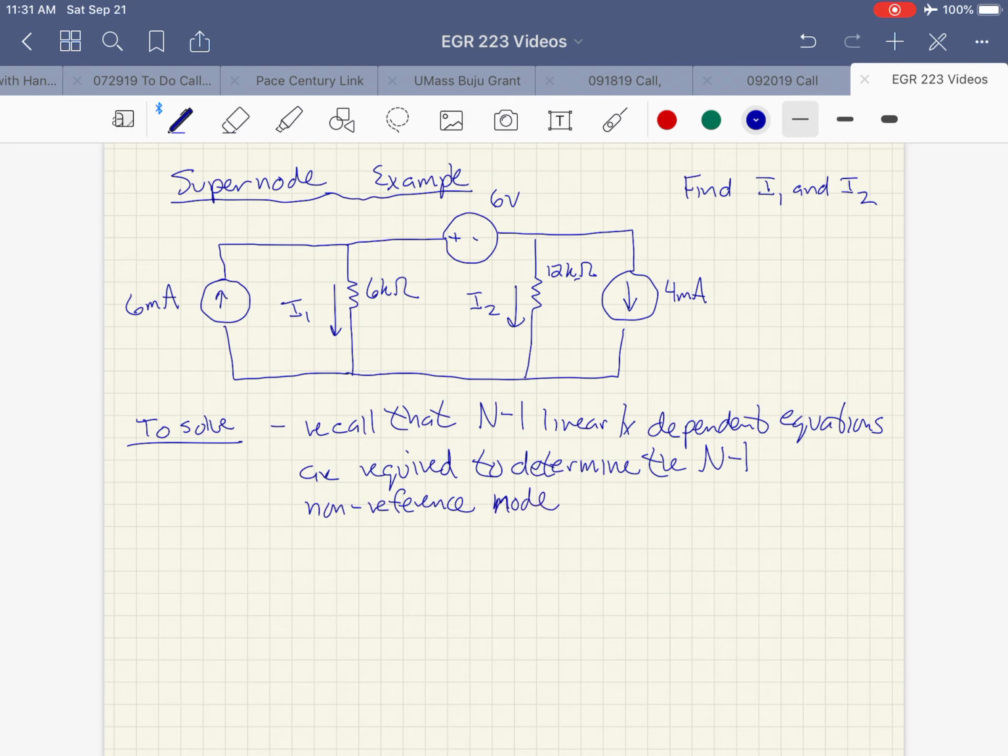It should be n node voltages in an n node circuit.